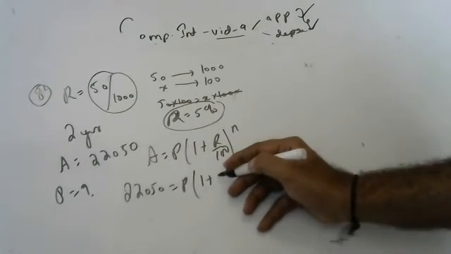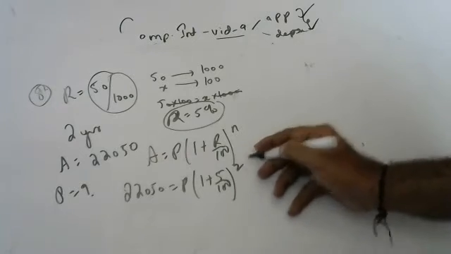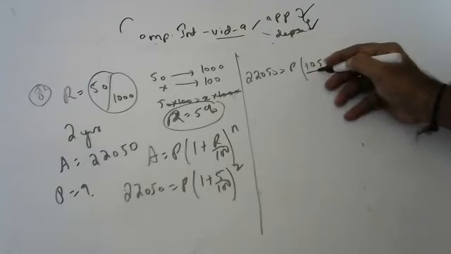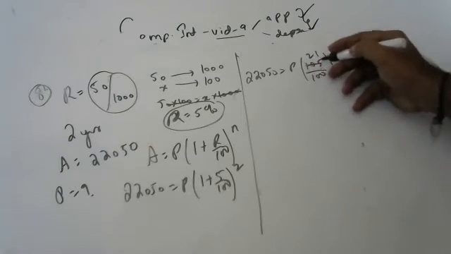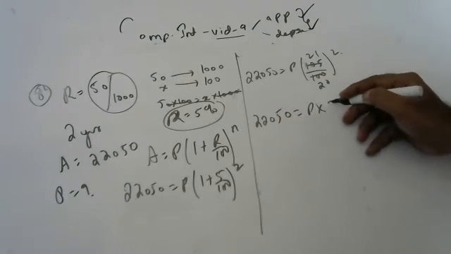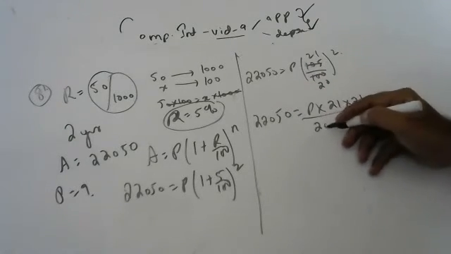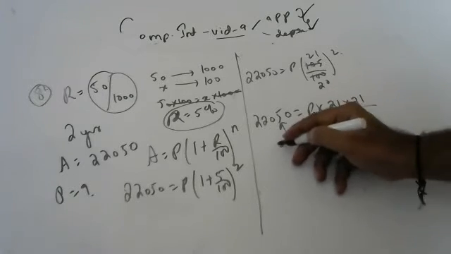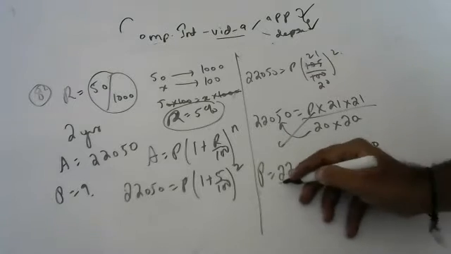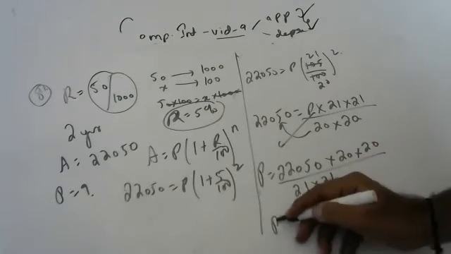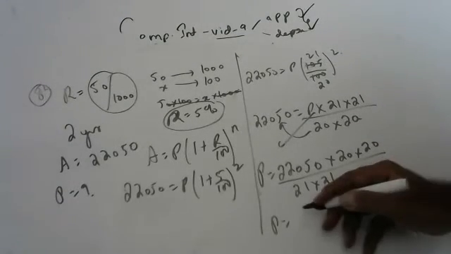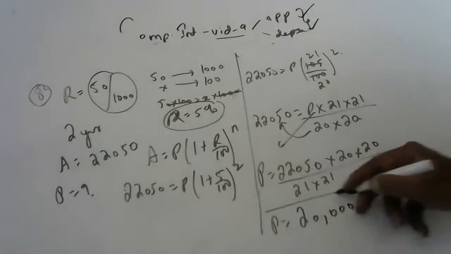So principal into 1 plus 5 by 100 whole to the power 2, equals P into 105 by 100 whole square, which is P into 21 by 20 into 21 by 20. Calculating, it will become 20,000.